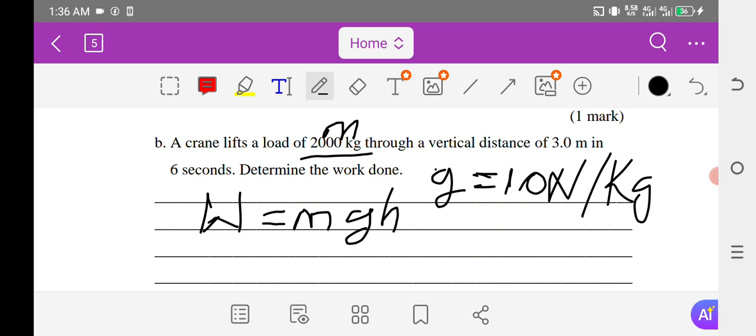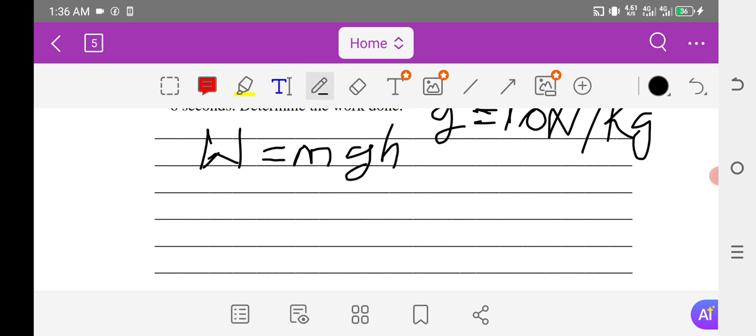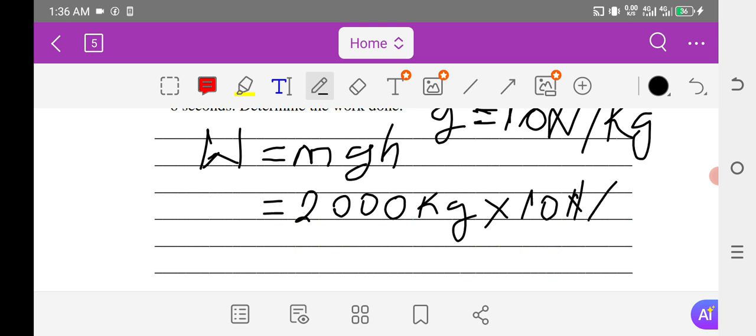So in this case, all we have to do is substitute. We have mass 2000 kgs, g is 10 newtons per kg, multiplied by 3 meters.